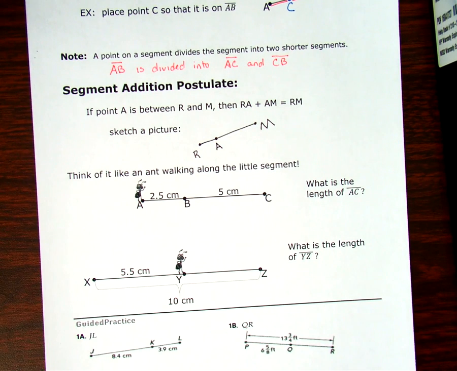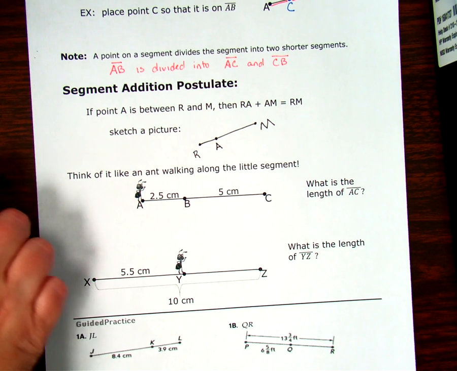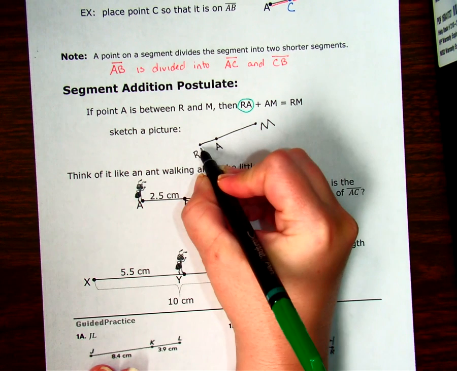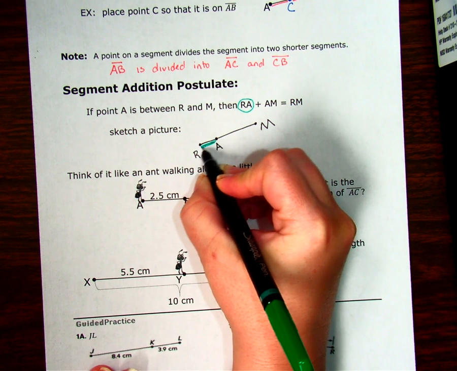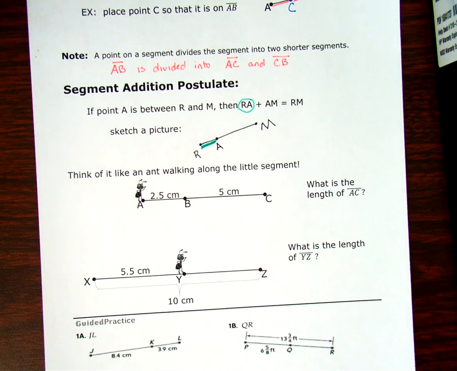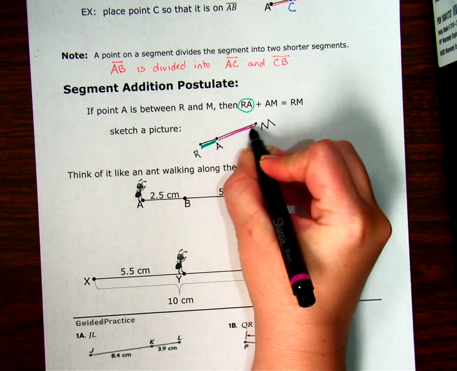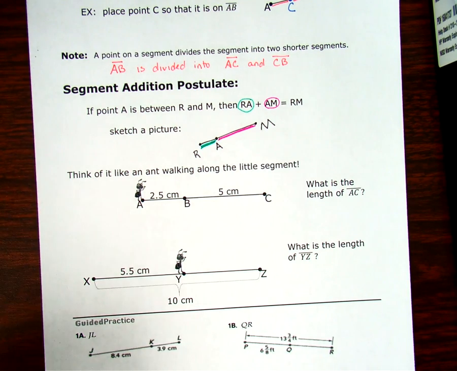Okay? So my segment addition postulate says if I have a point on the segment, then RA, the distance from R to A, however long this piece here is, plus AM, so plus this distance here, the distance from A to M, that's going to equal RM.